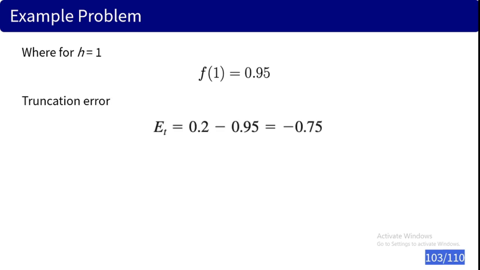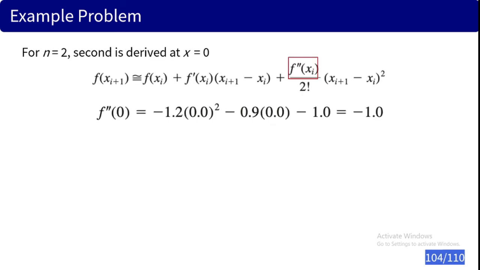Okay. So next is atong i-calculate ang truncation error. Truncation error na to is ang true value na to nga 0.2 i-minus na to sa 0.95. Then natin truncation error sa first order approximation na to is equal to negative 0.75. Okay? Next is we'll proceed to second order approximation.